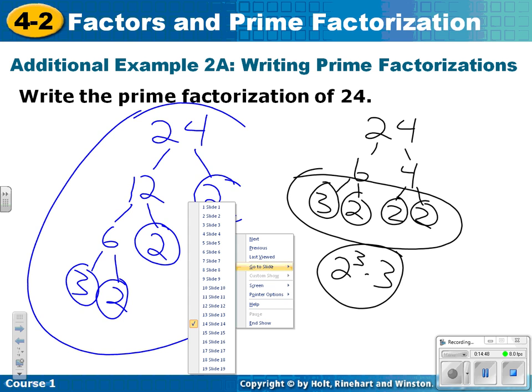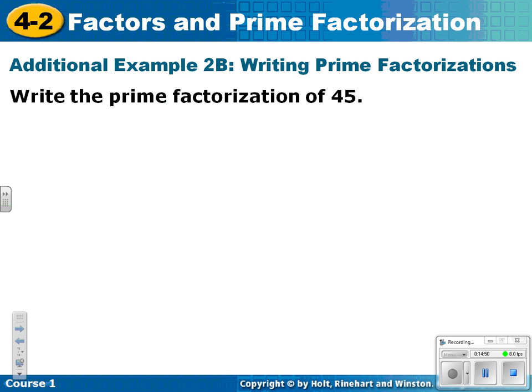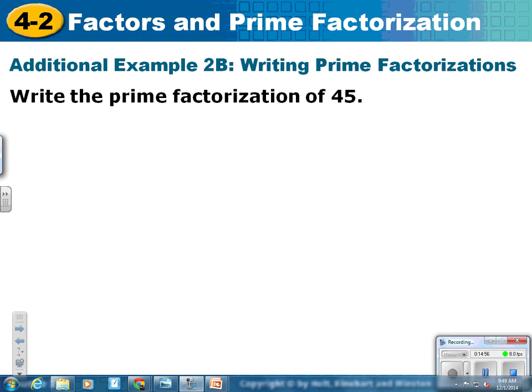On your whiteboards, I want you guys to do the prime factorization of 45. Every single one of you did this. It works. No problem. Nothing wrong with that. Could have done that too.